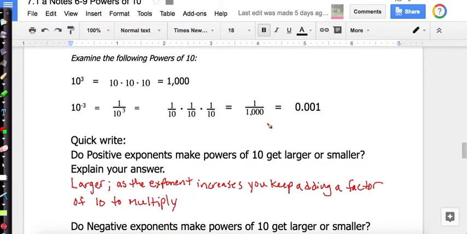So positive exponents make the powers of 10 get larger. As the exponent increases, you keep adding a factor of 10 to multiply.